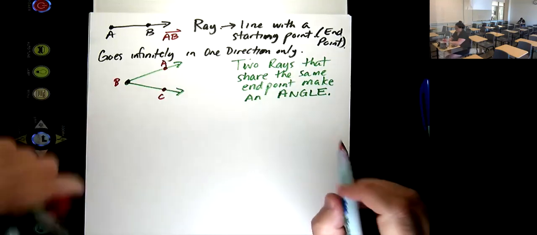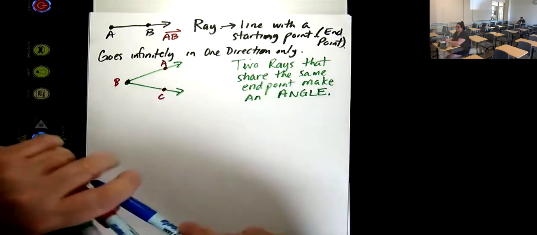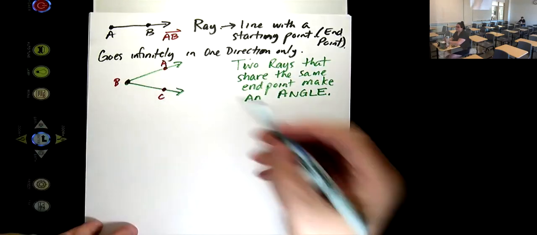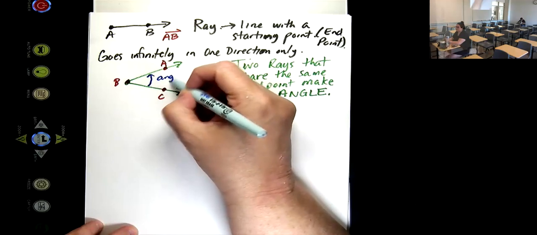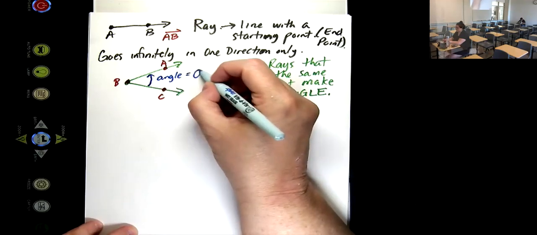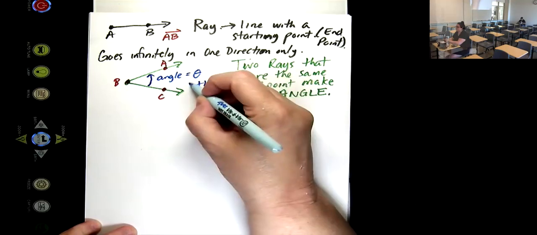This book doesn't do it, but I know I'm going to do it at least once by accident, so I might as well just embrace it the whole way. This is the angle, and I tend to call it theta. Theta, it's a Greek letter.